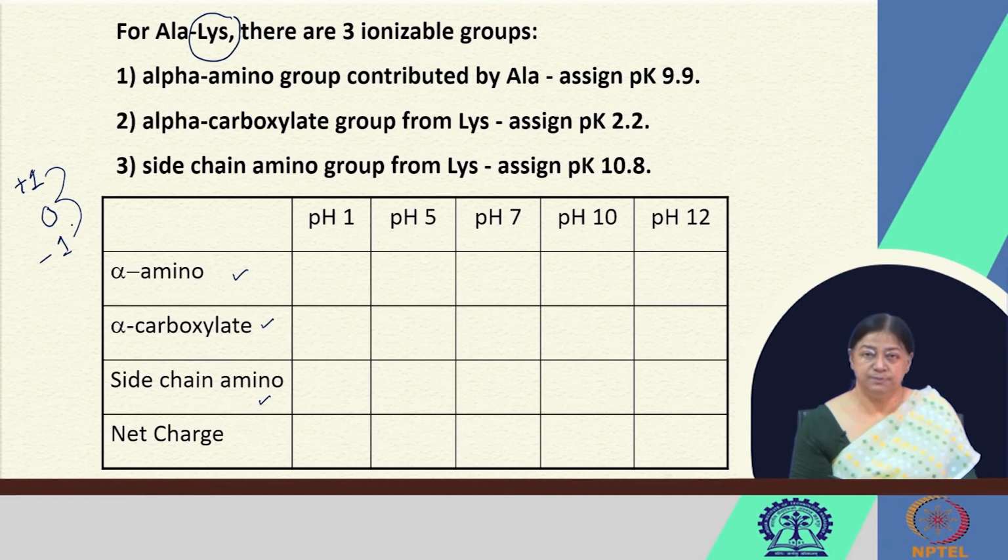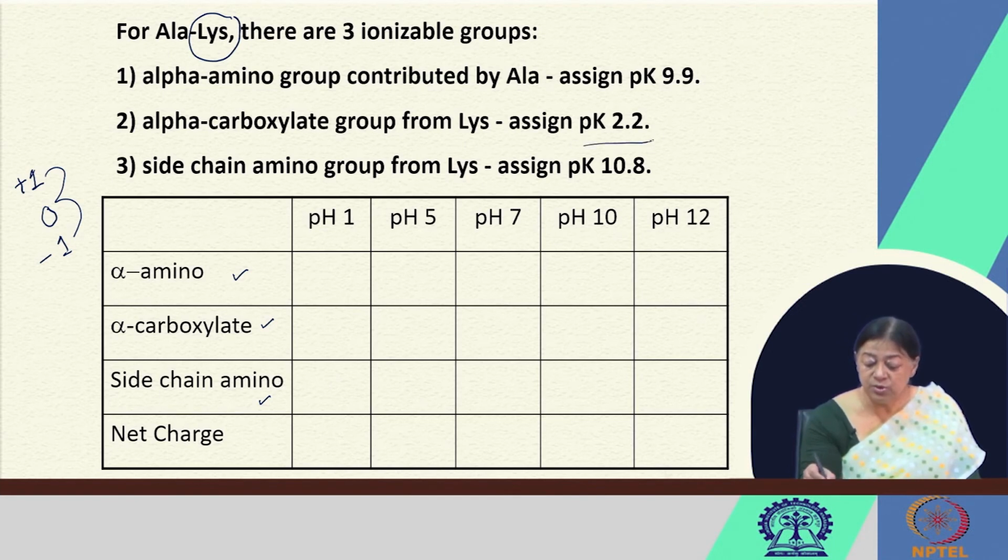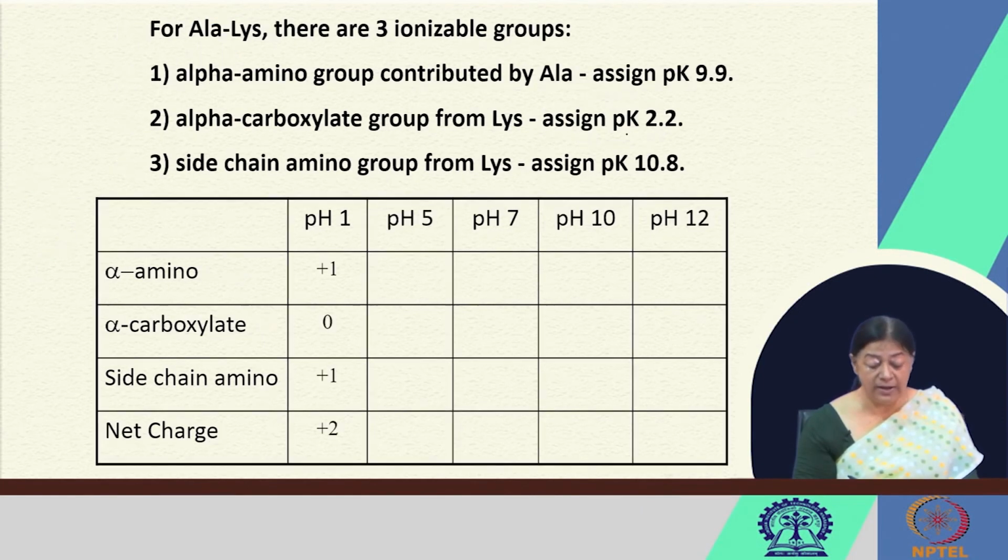We are going to expect that the amino terminus is going to be completely protonated. The lysine side chain is going to be protonated and the carboxylic acid group will not have lost its proton. Why? Because this is going to lose it at 2.2. So, at a pH of 1, we have a +1 charge for the NH3 plus at the amino terminal, the N terminus.